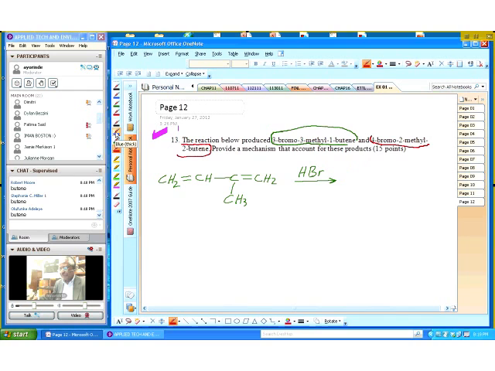Let me change my pen. So we have 4 carbons, 1, 2, 3, 4. 1-butene, so the double bond is here. And on the 3 position, if this is carbon number 1, carbon number 2, carbon number 3, we have bromo here.